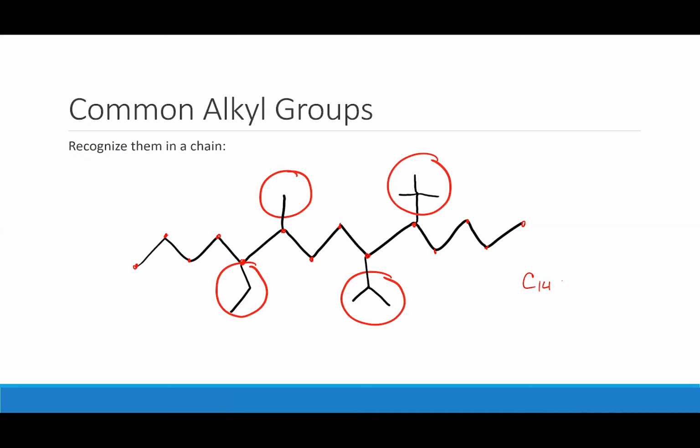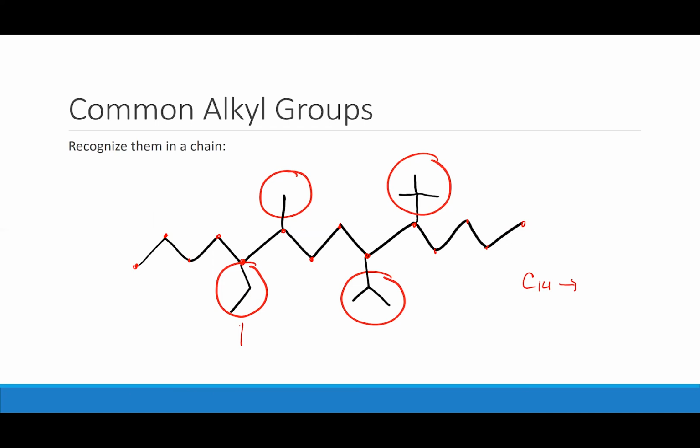So I want you to practice naming what that would be using our chart. And it has 4 different groups on it, and I have circled these groups. This is how you would look for branch chain groups.